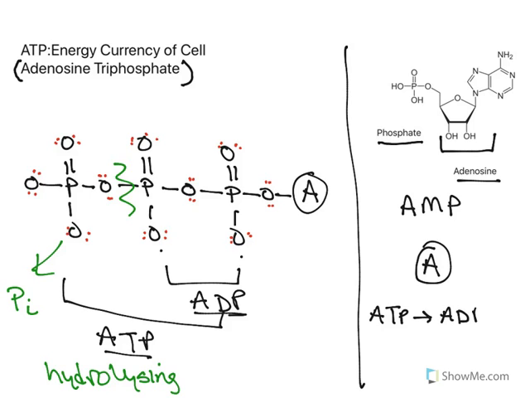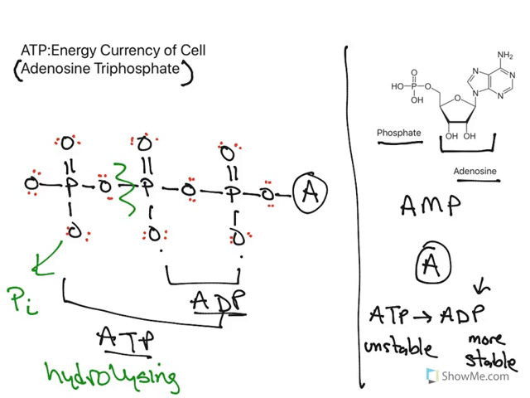you go from a molecule that was relatively more unstable because of all the electron repulsion to now a molecule that is more stable, right? Because it has fewer electrons around it, so there's less electron repulsion with ADP.